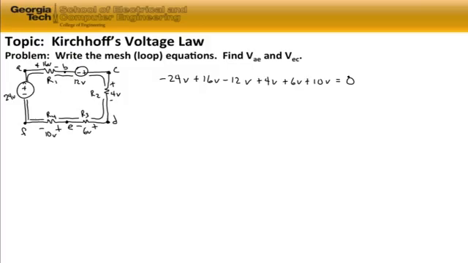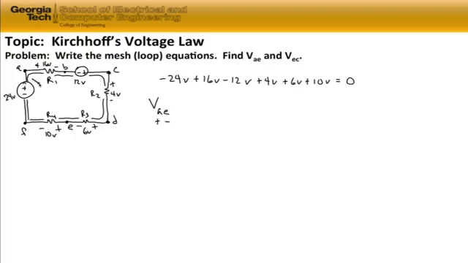But most importantly in this problem, we want to find VAE and VEC. When you see a voltage like VAE written as it's written, you think of it as plus to minus. So we're going to find the voltage from node A to node E, with node A being positive relative to node E. First thing we can do is draw that on our circuit.